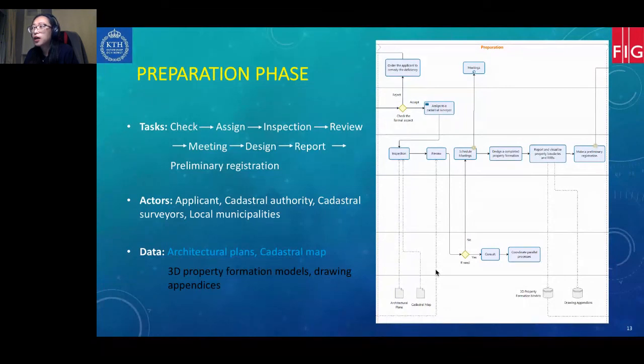And if needed, the cadastral surveyor will consult with the local municipality. At the same time, work meetings and other contacts will be held continuously with the applicant. And this phase ends when the cadastral surveyor makes a preliminary registration decision in the real property register.